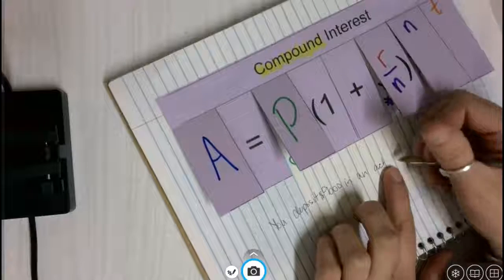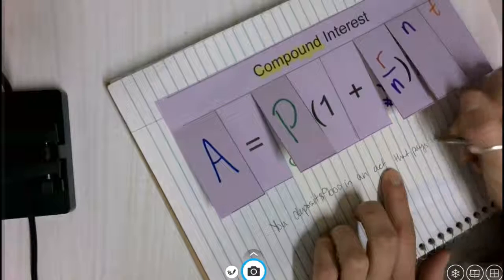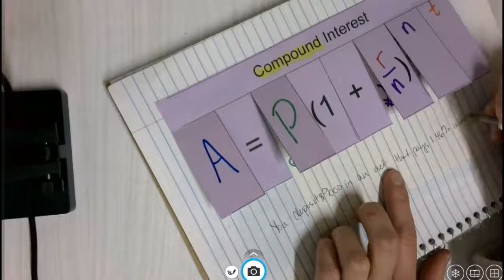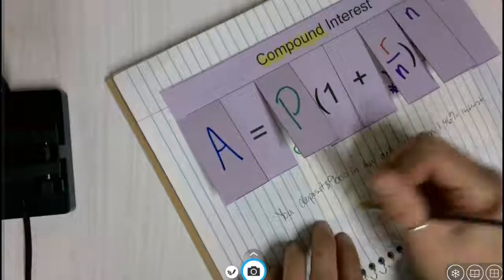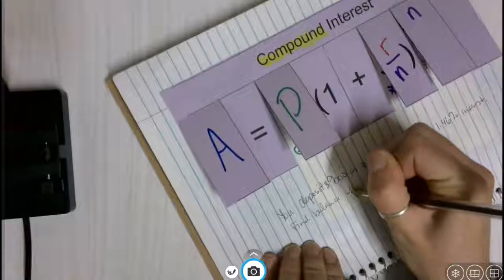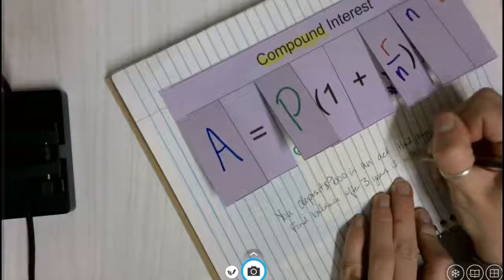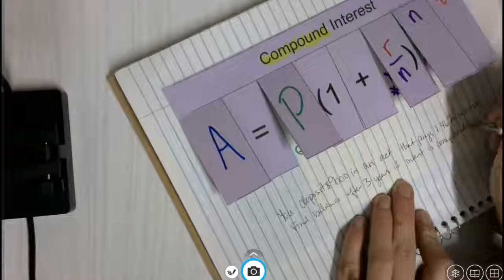So in an account that pays 1.46% interest. Okay, so find the balance after 3 years, if the interest is compounded quarterly.